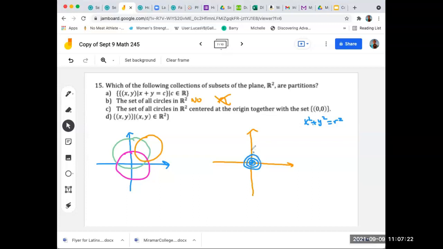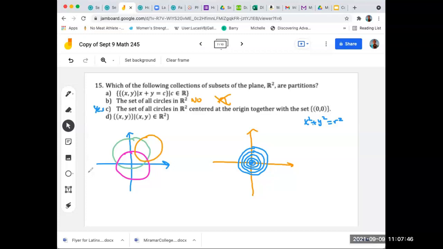Do these form a partition? Do they fill up the entire space? Just like the lines, right? Do they overlap? No, because they are centered at the origin, so they're not going to overlap. So this is a yes.